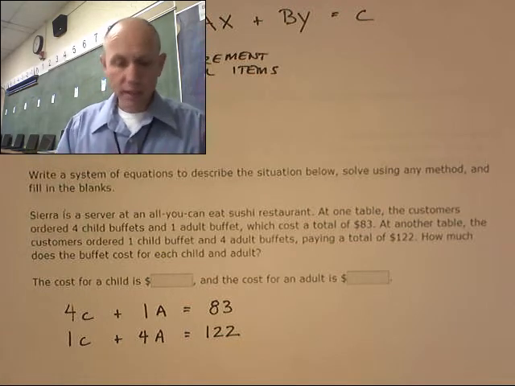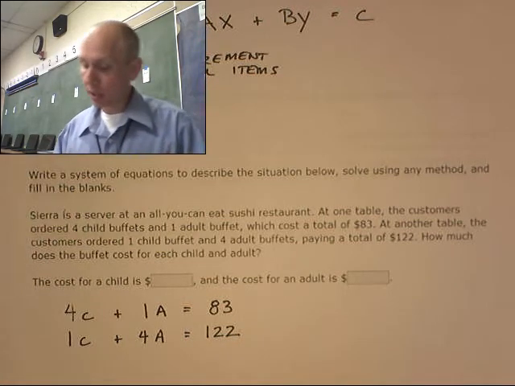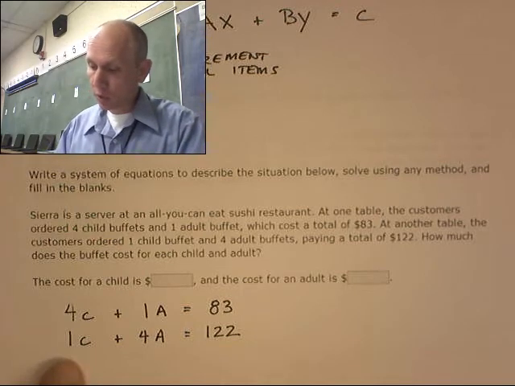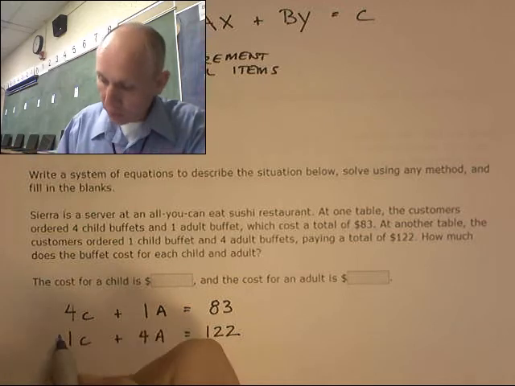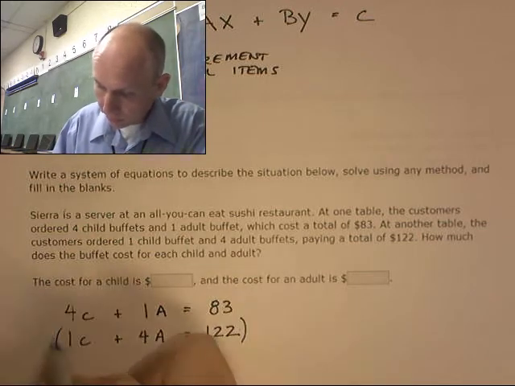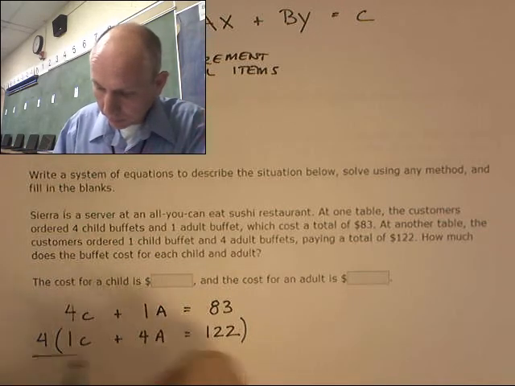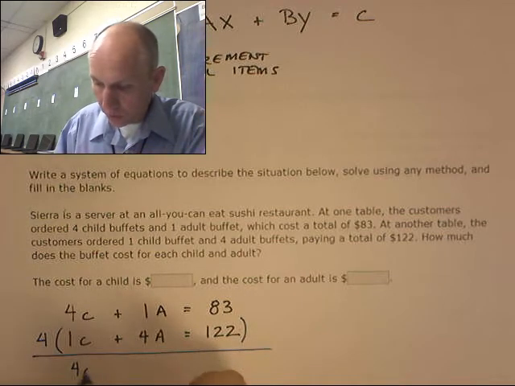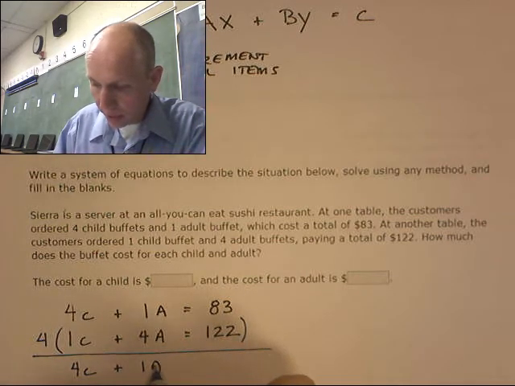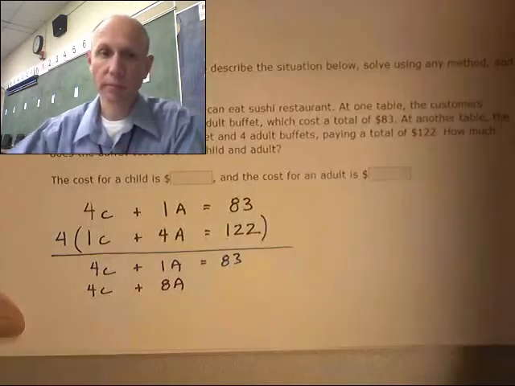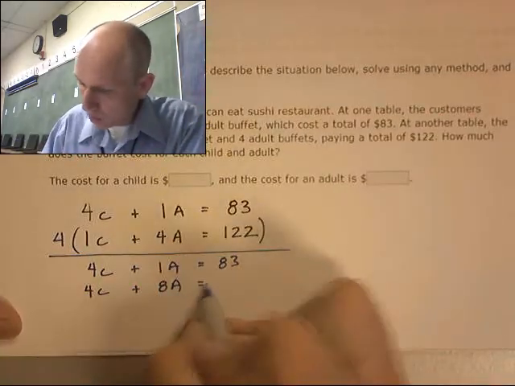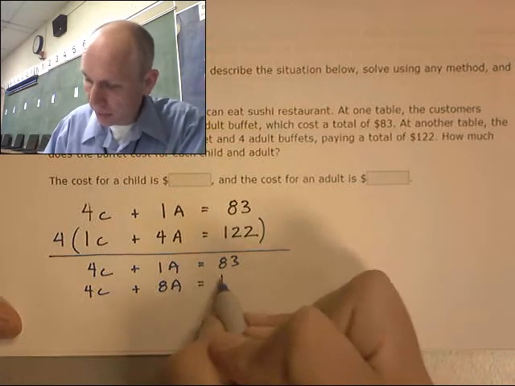Solve it. I'm not going to do a full solution here, but I'll kind of get you started. It would be really great if this C, this guy right here, was actually a 4. So I'm going to turn him into a 4. So I'll have 4C plus 1A equals 83. And I'll have 4C plus 8A, I know you can't see it, equals, what would that be, 488?